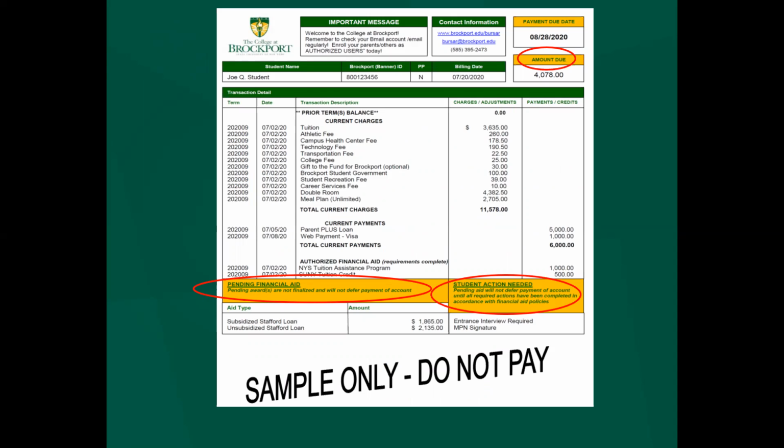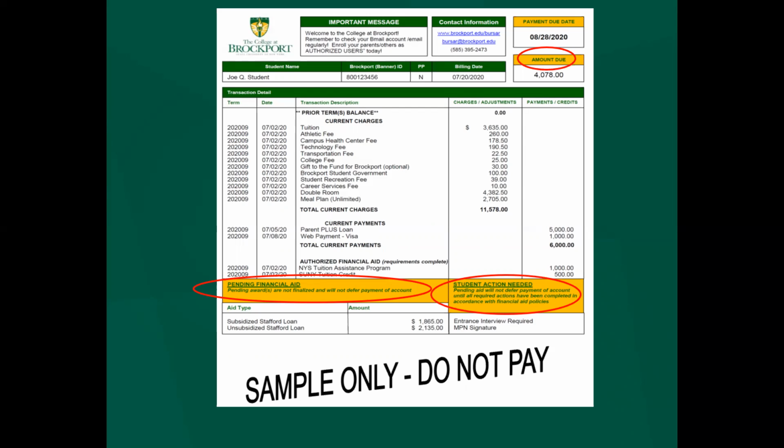And further to the right, we have the billing date of July 20th, 2020. And in the top right corner, we have both the payment due date of August 28th and the amount due of $4,078.